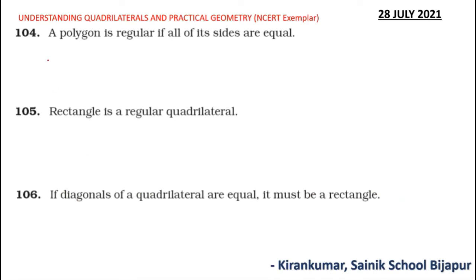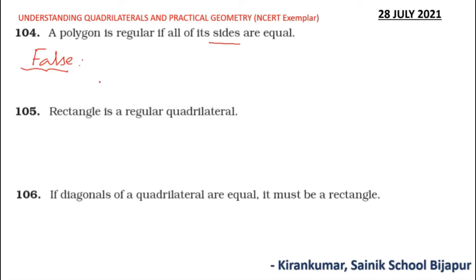Question number 104. A polygon is irregular if all of its sides are equal. This particular statement is a false statement, as we know that in a regular polygon, angles also must be equal. So not only the sides, angles also must be equal.